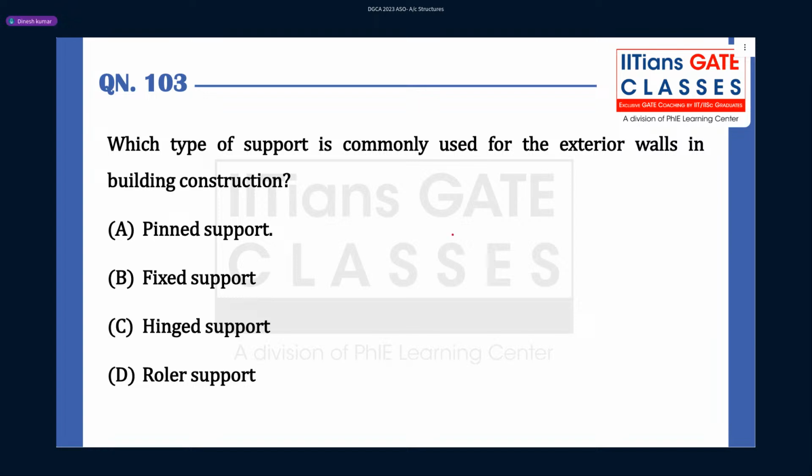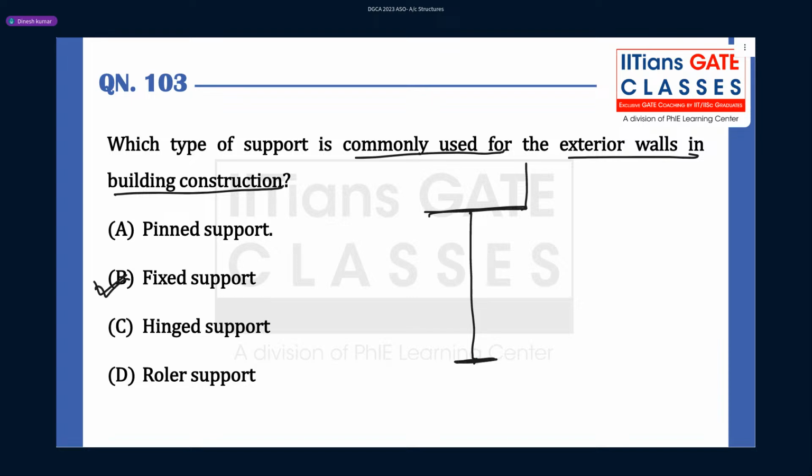Which type of support is commonly used for the exterior walls in building construction? Basically the exterior walls should have strong supports. So the strongest support is what? Fixed support, because many times your exterior walls have some extension of the structure also.